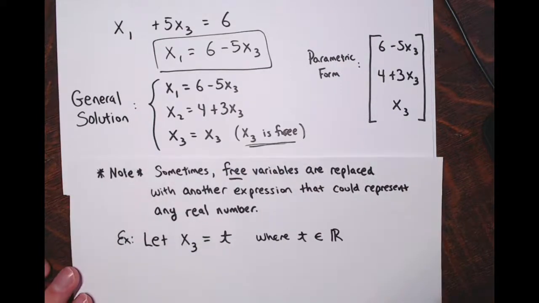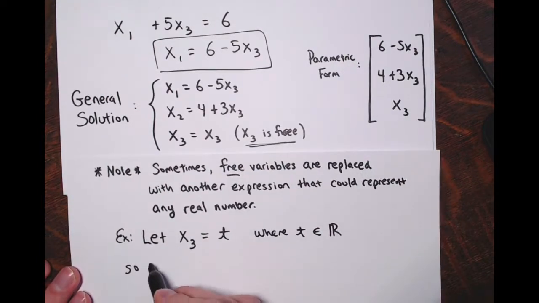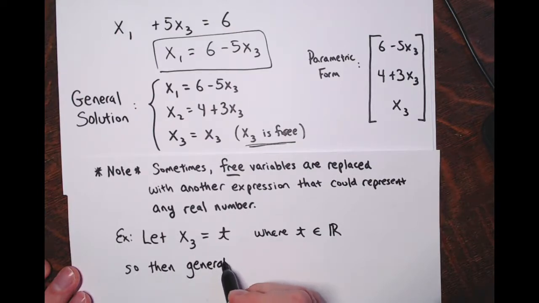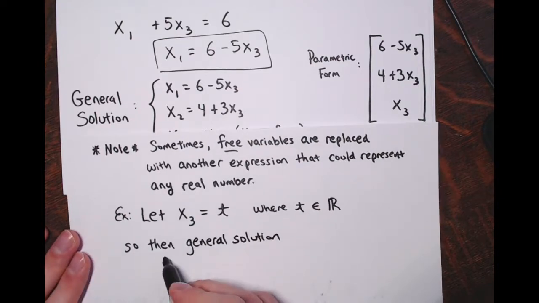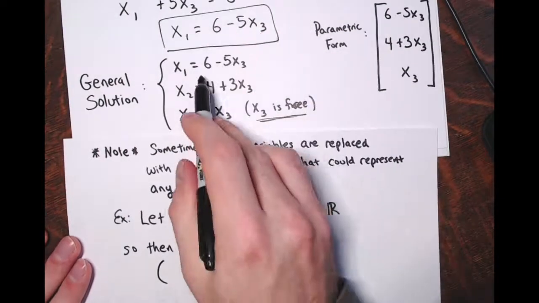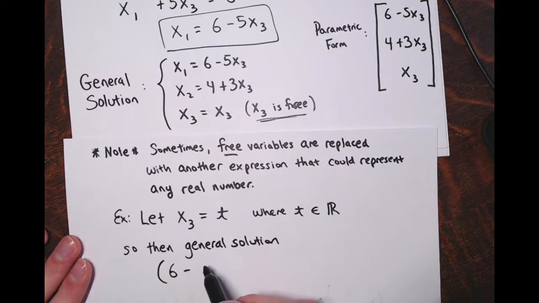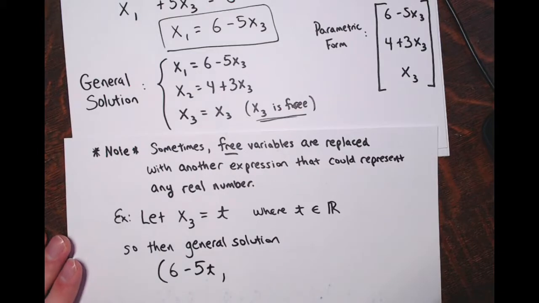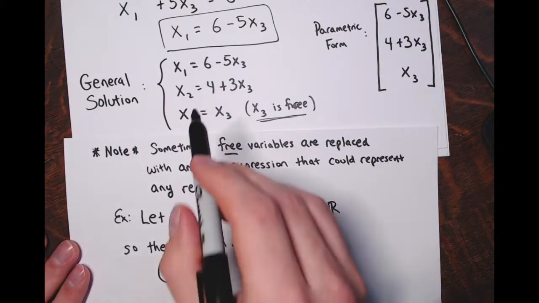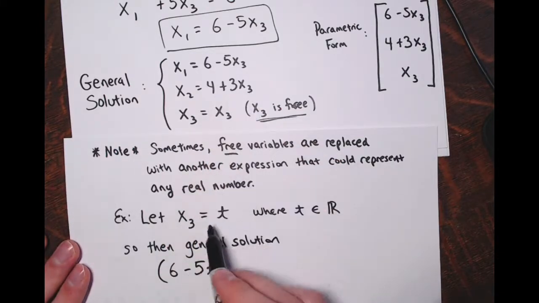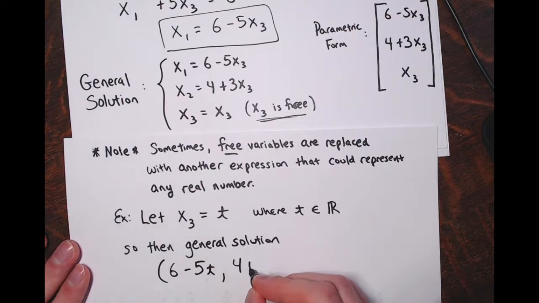So then the general solution to that system looks like the following, where x1 is 6 minus 5x3, but instead of x3, I'm going to say t. 6 minus 5t. And x2 is 4 plus 3x3, but again, I'm replacing x3 with t. 4 plus 3t.